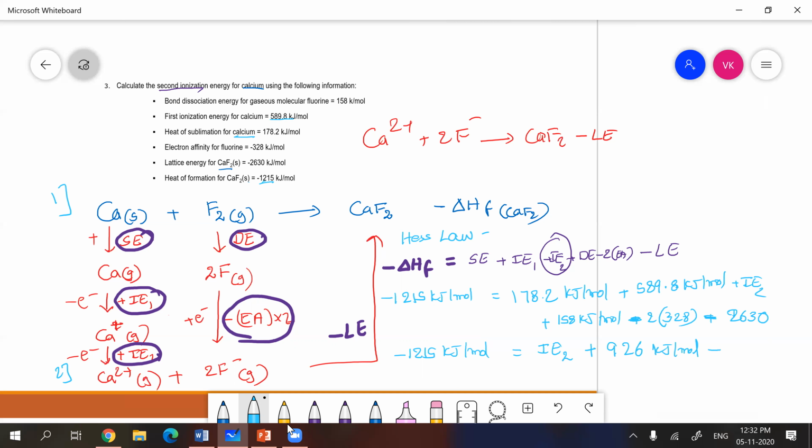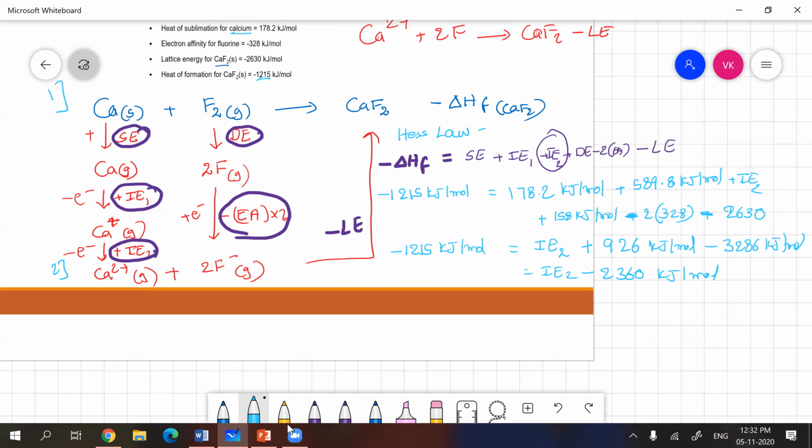Next, negative values, 3286 kilojoules per mole. Okay. And you simplify further, that will become 2360. So that equals second ionization energy minus 2360 kilojoules per mole. Okay, take this value to that side and find the final.